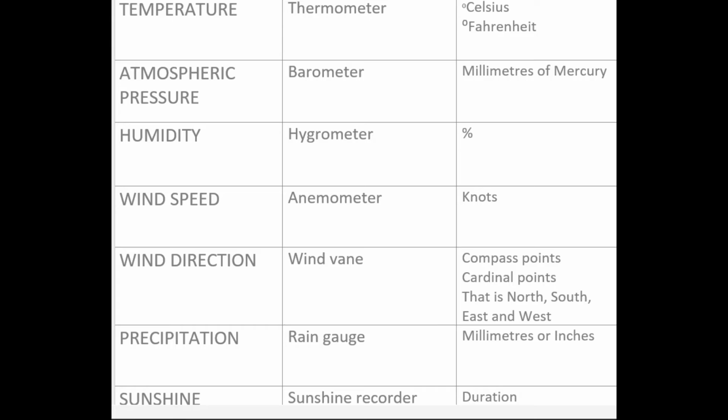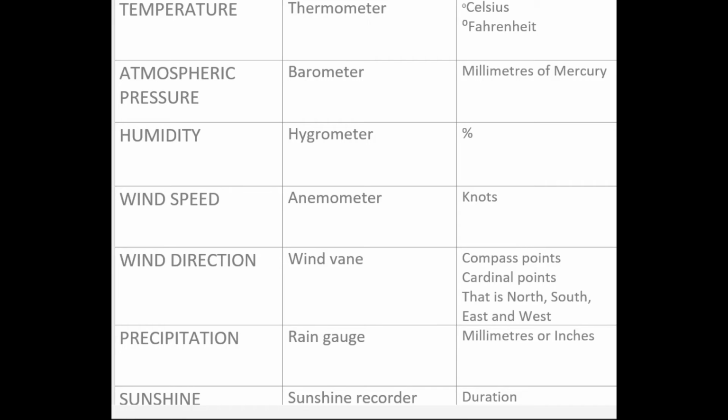Here is a summary of the work that we have covered today, as shown in the diagram. We have 3 headings: element, instrument, and unit of measurement. Temperature, the instrument is thermometer, and the unit of measurement is degrees Celsius or degrees Fahrenheit. Atmospheric pressure, barometer, and measured in millimeters of mercury.